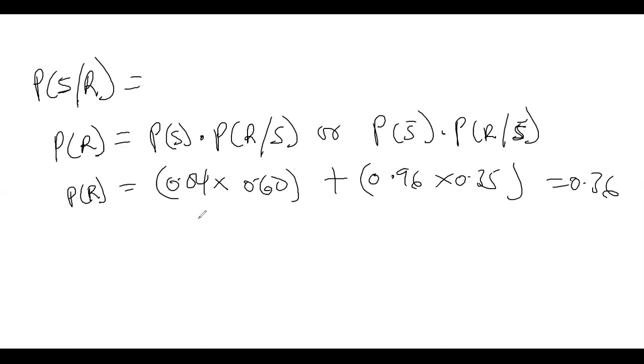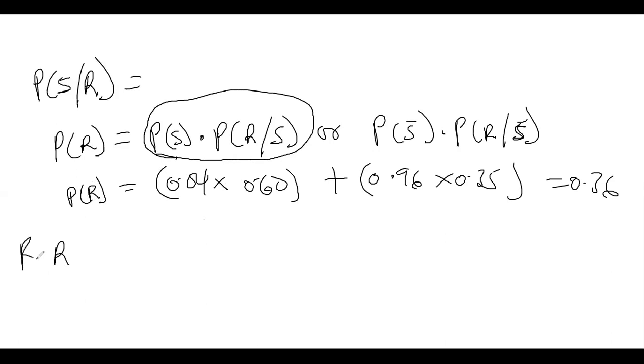That's 0.36. So the question says that if a firm has replaced the CEO, what is the probability to increase share price? Now, the probability of the favorable outcome is this term here, because this term is about increasing share price. So it now becomes the numerator.